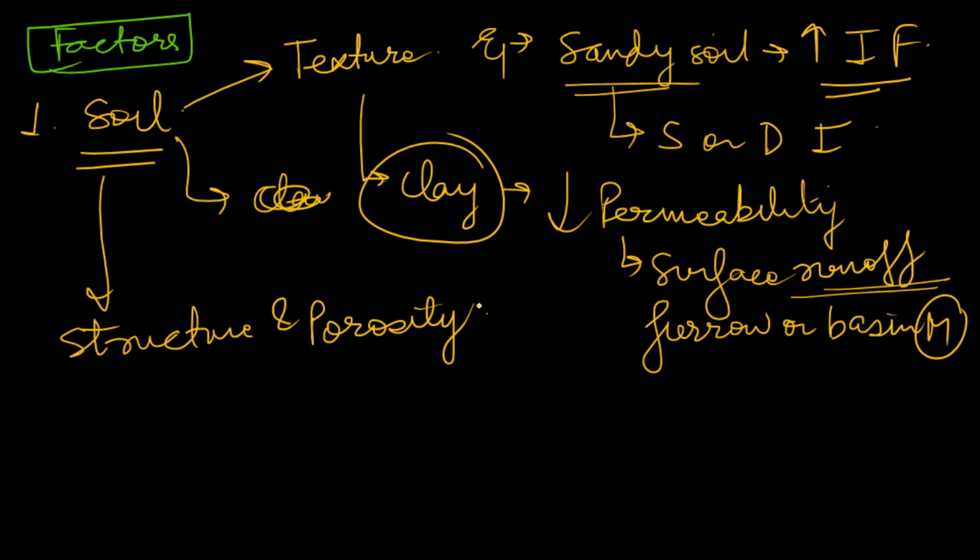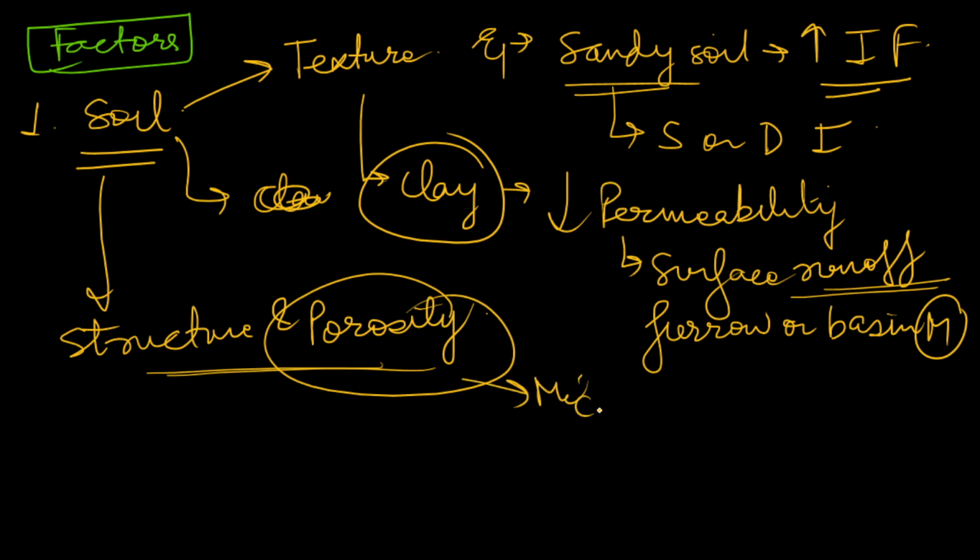Poorly structured soils may cause poor infiltration, and suppose there is a sandy soil, if it is poorly structured, there will be more infiltration and the water holding capacity will be low. So we have to always keep in mind structure and porosity. In porosity also, micropores matter, because these are the pores which hold the water, and that water is made available for the plants.